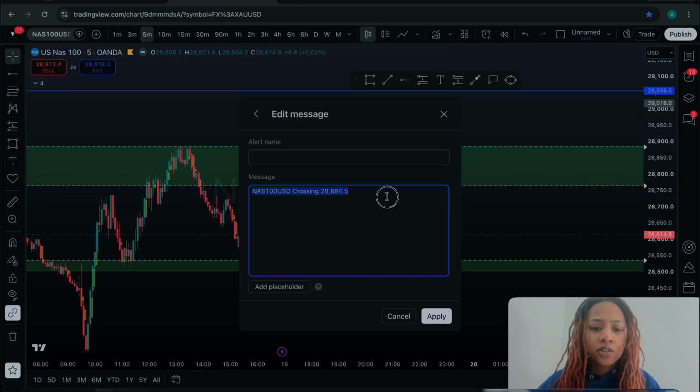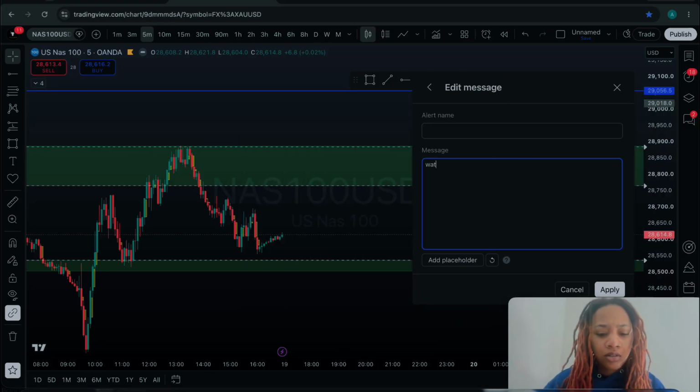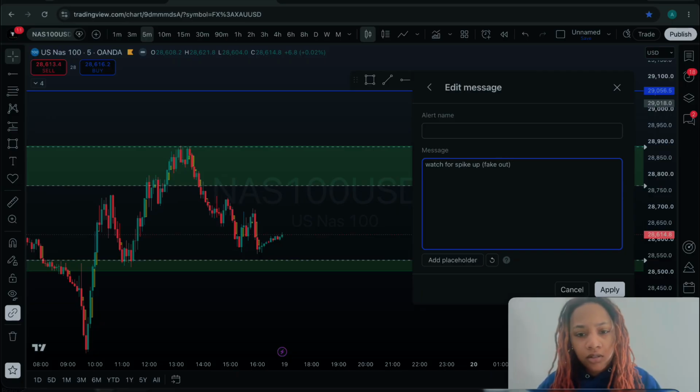Okay, perfect. So I'm gonna say watch out for a spike up. I'm gonna say it'll probably be a fake out because we're in a downturn. Prepare for next entry.